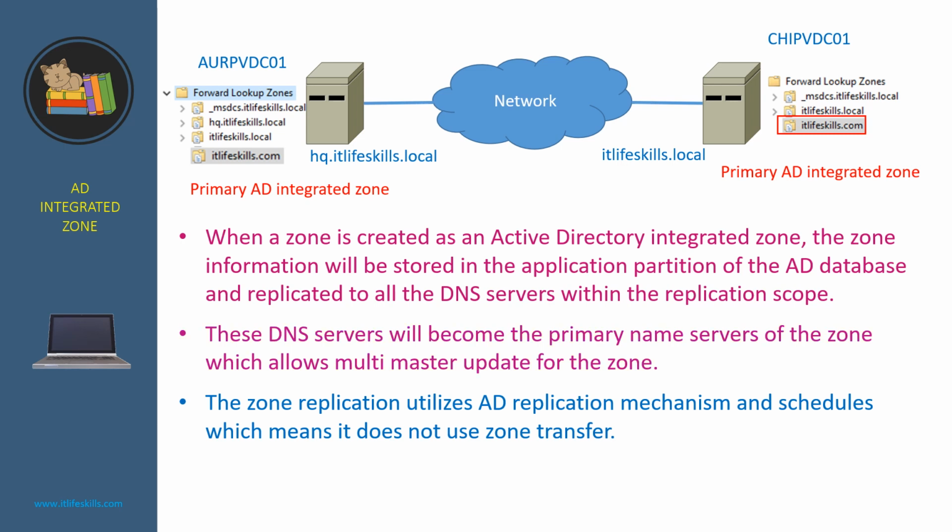These DNS servers will become the primary name servers of the zone, which allows multi-master update for the zone. The zone replication utilizes AD replication mechanisms and schedules, which means it does not use zone transfer.